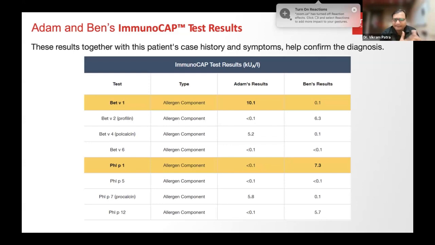Then for weeds, we have pectate lyase and methylpectinase. So Bet v 1 is the PR10, and Phl p 1 here in this case is the beta expansin. And then in tree as well as in grass, we have polcalcins, profilins, and LTPs, which are common to all these pollens.